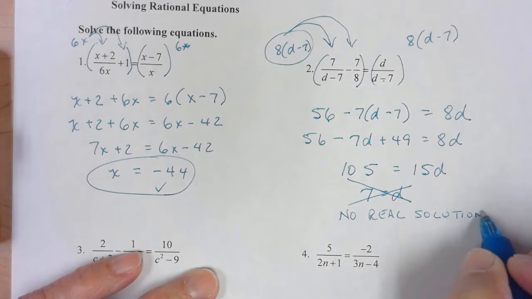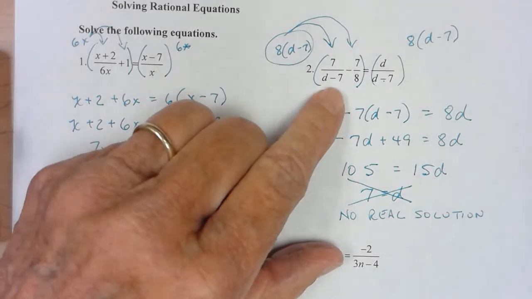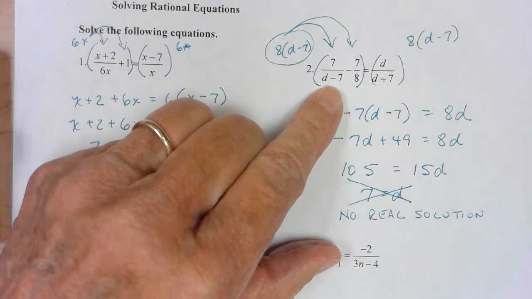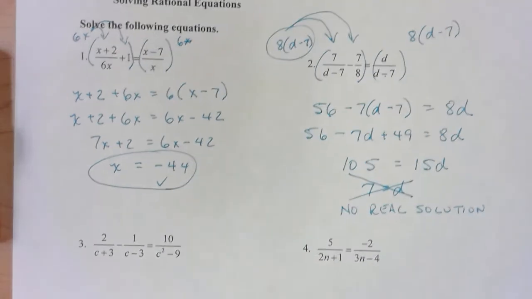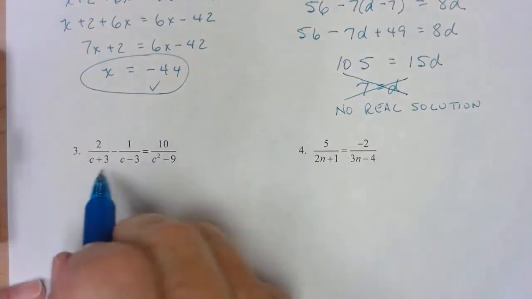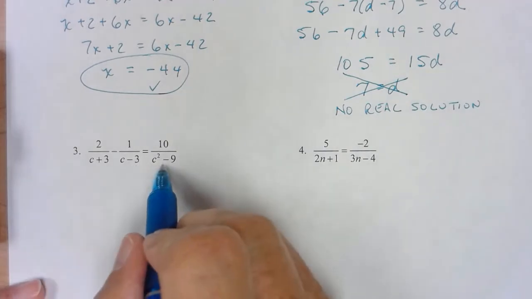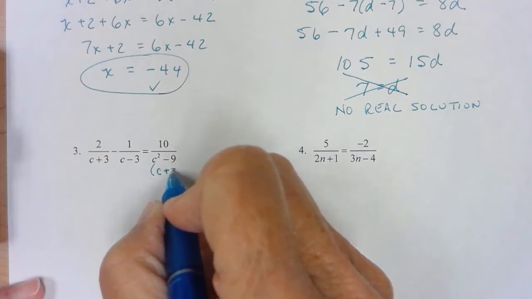This is why you always have to check, because if your answer makes the original equation one or more denominators equal to 0, can't use it. Let me look at the next one. I see c plus 3, c minus 3, and then a difference of perfect squares. So let me factor.